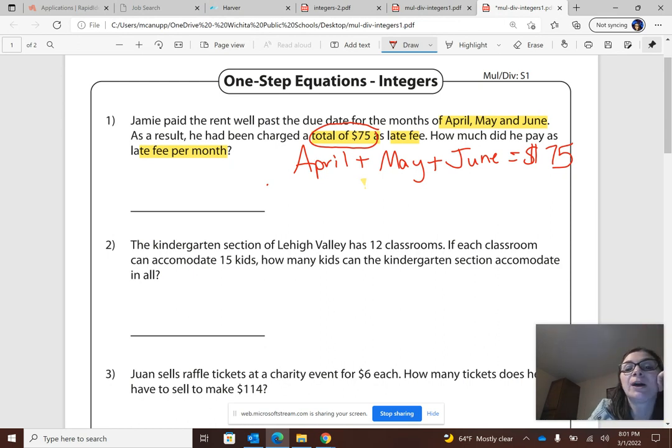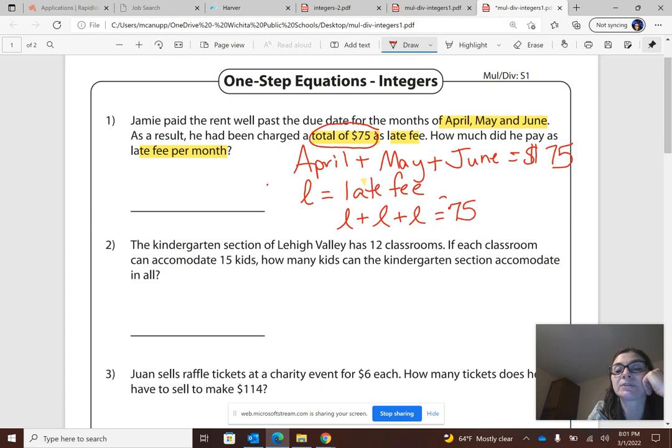Okay, so I'm just going to use a cursive L to show the late fee. And so since there was April, May, and June, that's 3 months. So that's going to be L plus L plus L has to equal $75.